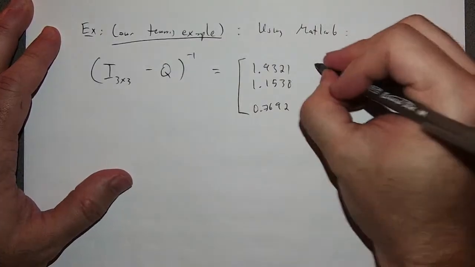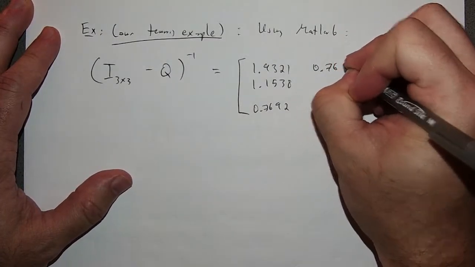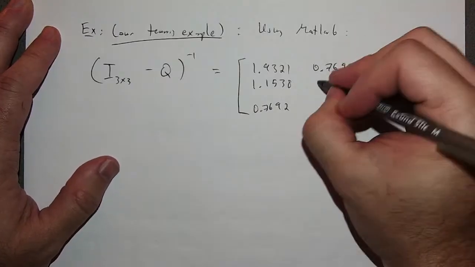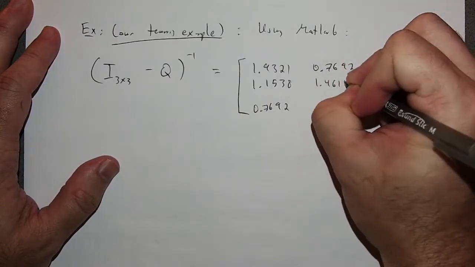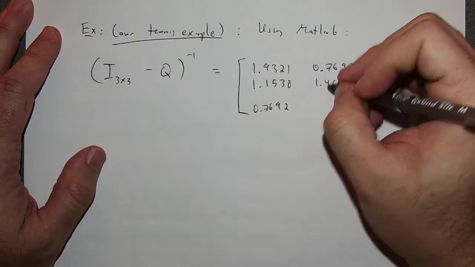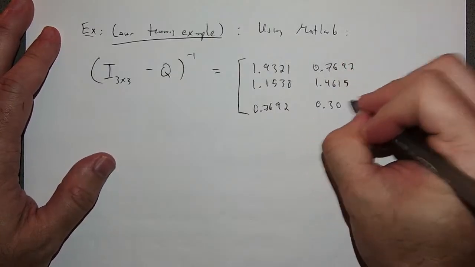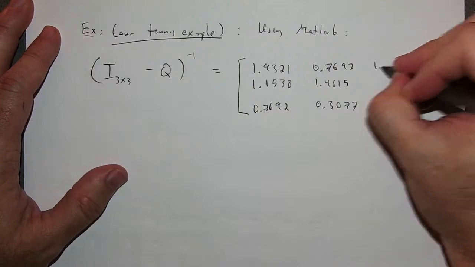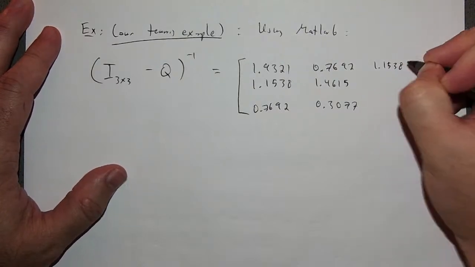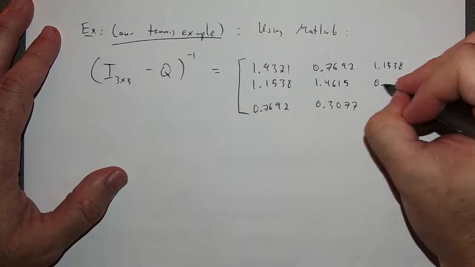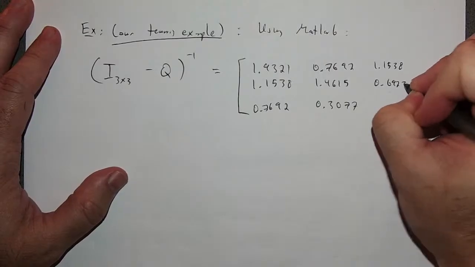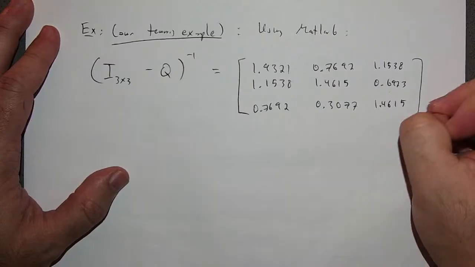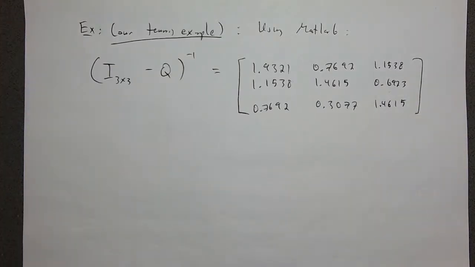Next column, 0.7692, 1.4615, and 0.3077. Last column, this is 1.1538, 0.6923, and lastly 1.4615.